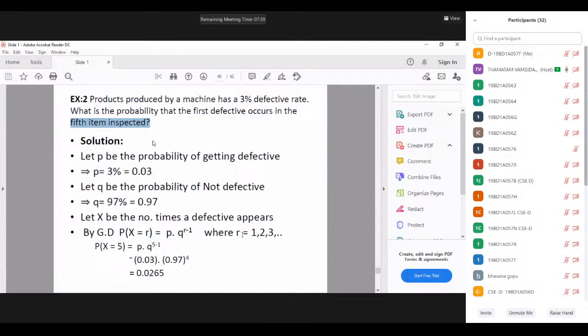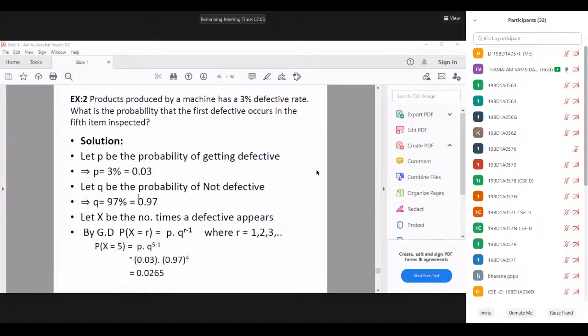This is about the geometric distribution, and this is the last topic in Unit 2. In Unit 2 we covered random variables and probability distributions.